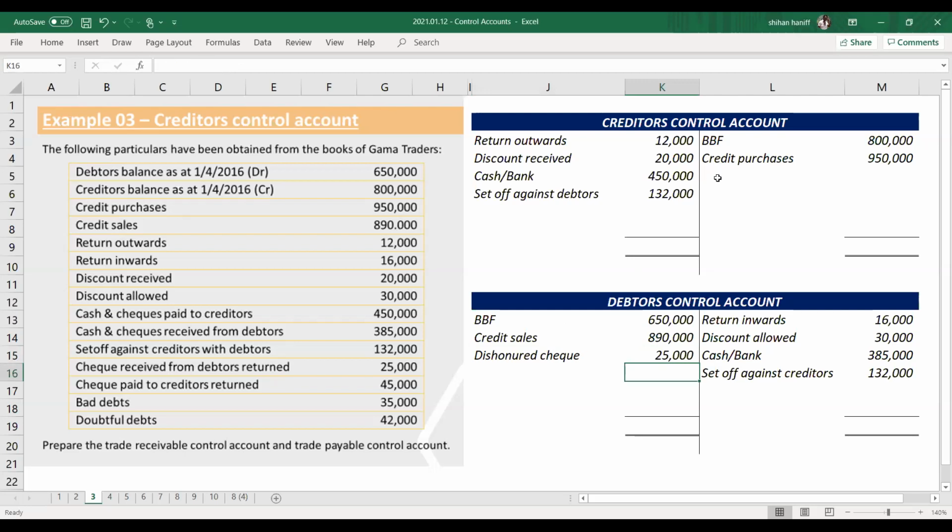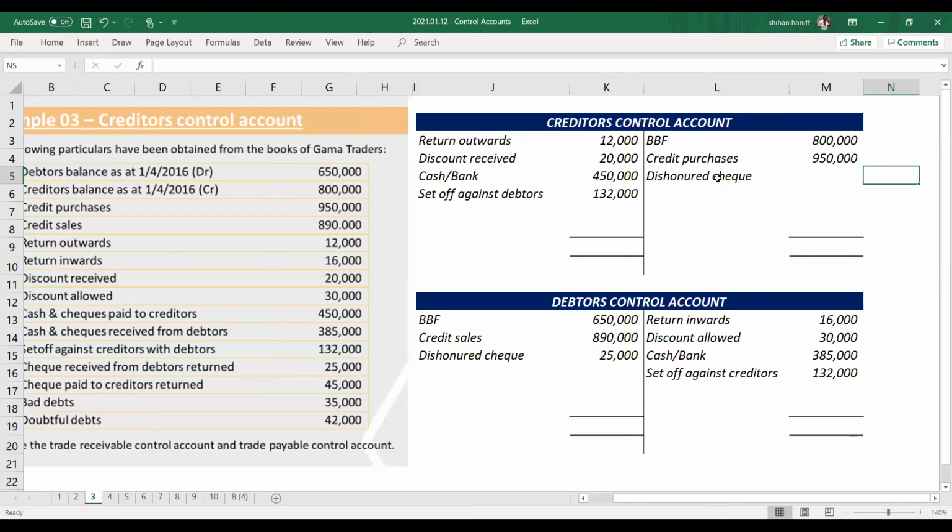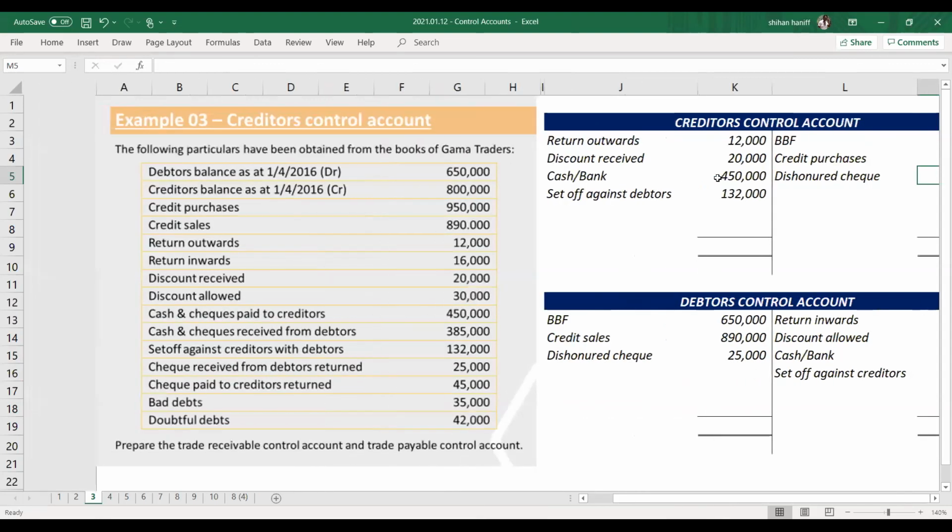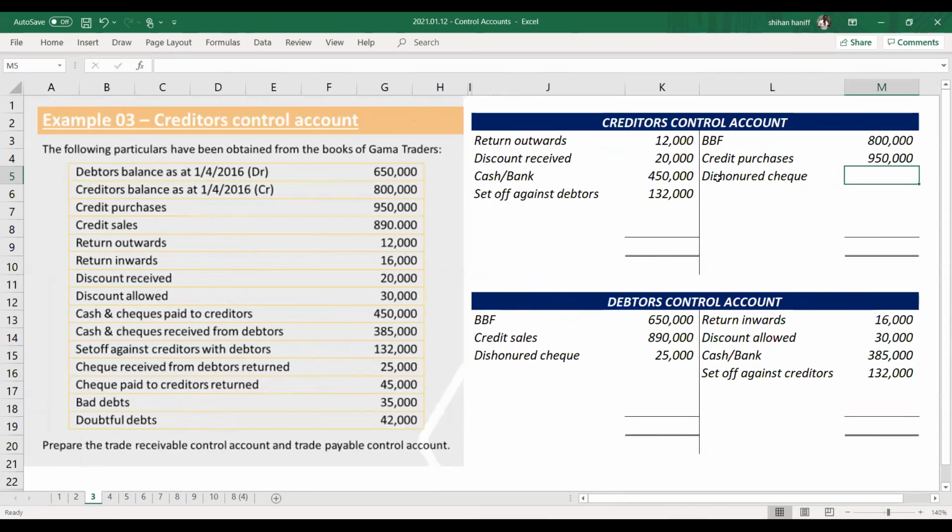If a check paid to creditor is returned, the creditor balance will increase. Dishonored check, $45,000.